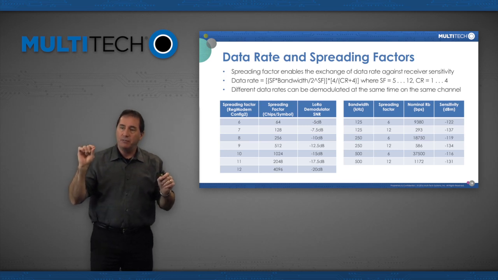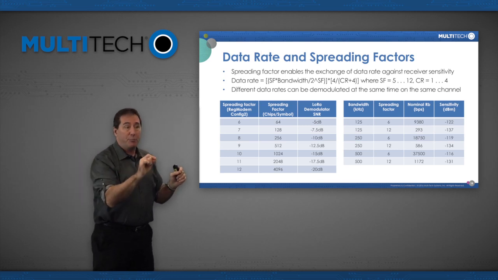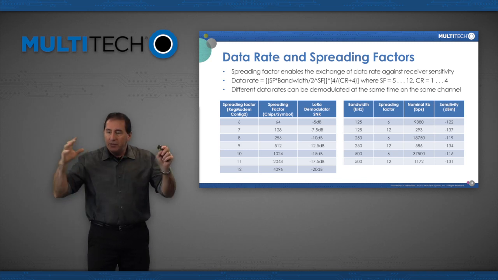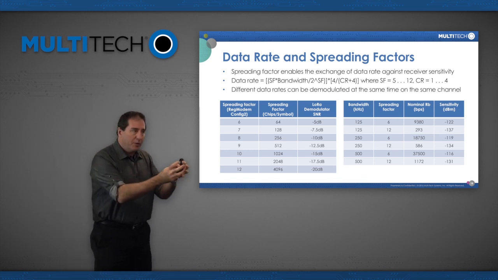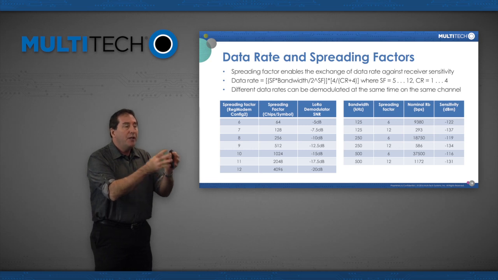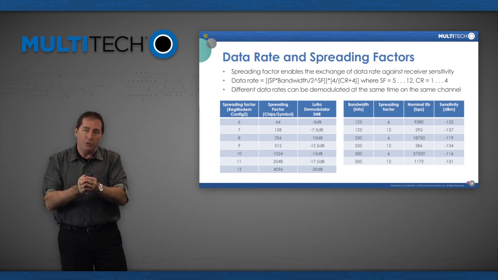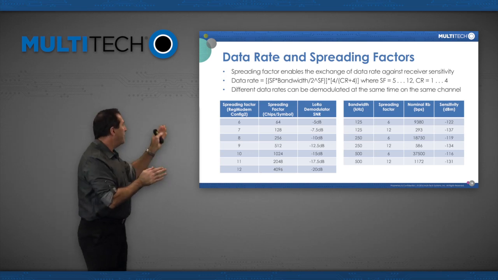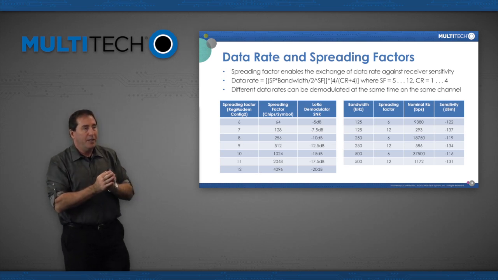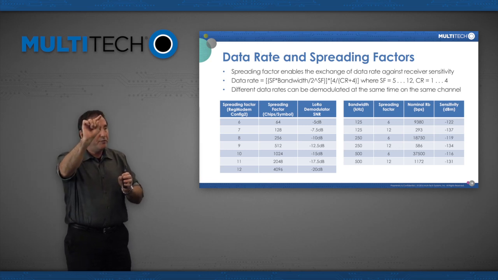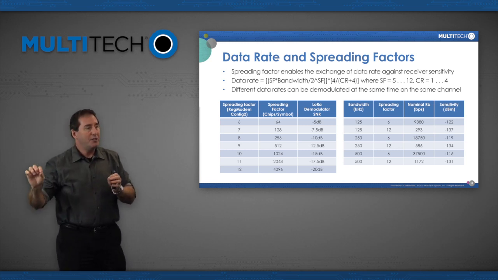They're called chips. The whole set of chips from a symbol gives you that symbol. The number of chips you break a symbol down into is 2 to the spreading factor.